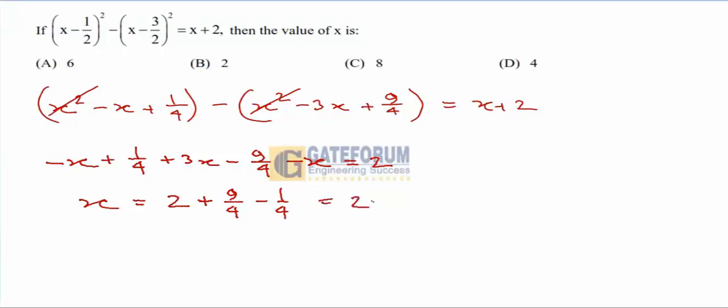Now 9 by 4 minus 1 by 4 is 8 by 4, that is equal to 2. So that would be equal to 4, and hence we can say x is equal to 4. This was a simple one. Beware of the sign mistakes.